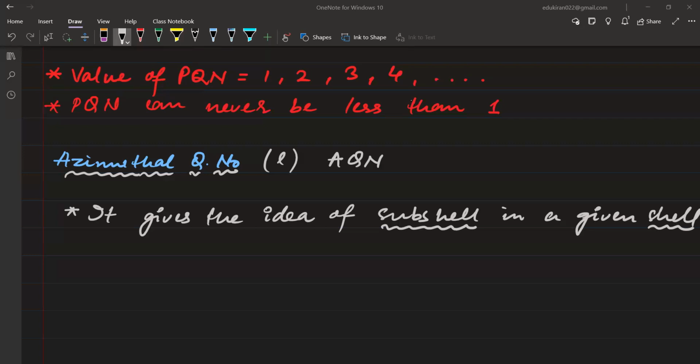Kashif, it will be much better if you can turn the mic on and ask the doubt. Yes, Kashif. Ek minute. He's asking what the idea means. Idea ka matlab hota hai ki kaun sa subshell hai, S hai, P hai, kya hai.